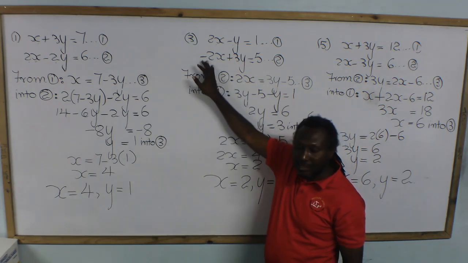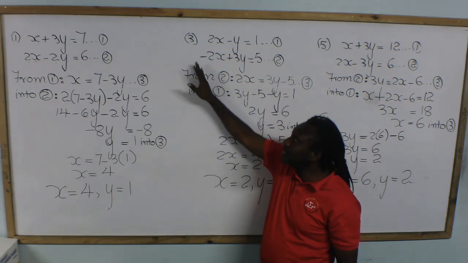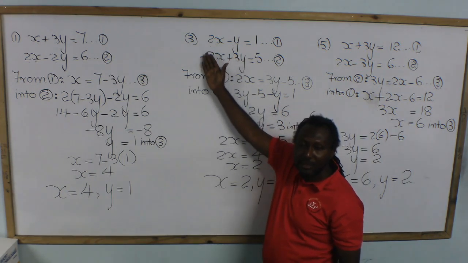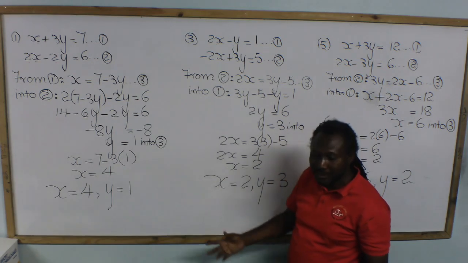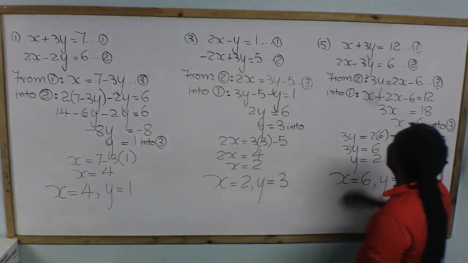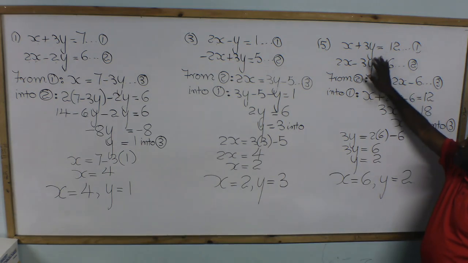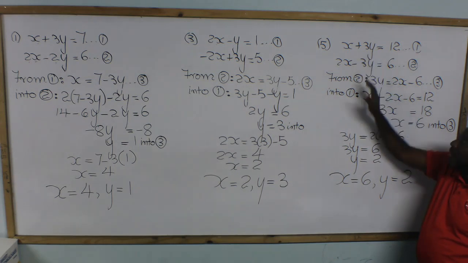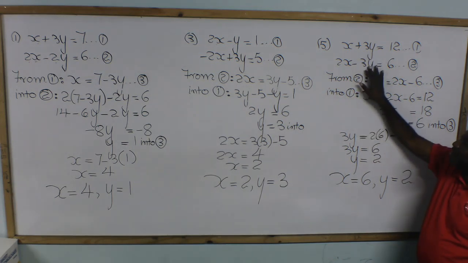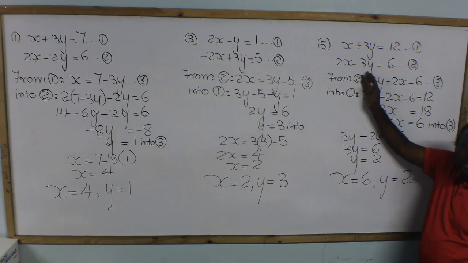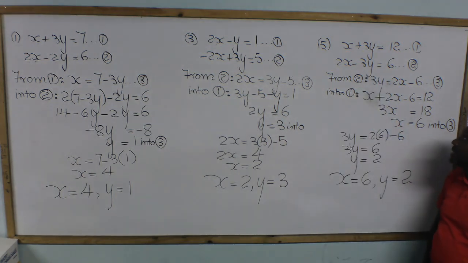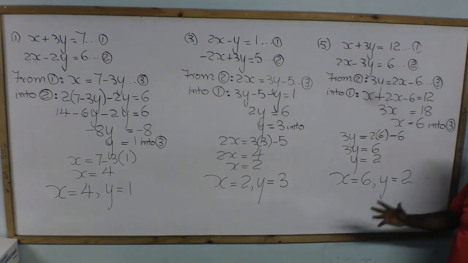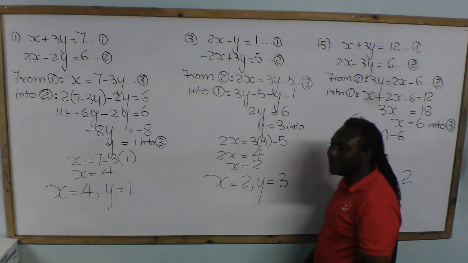We have an occurrence of 2x in this equation, although it is negative, and we have another occurrence of 2x in this equation. Therefore, we can substitute 2x for 2x. And what we have here is quite similar. We have an occurrence of 3y in this equation, and another occurrence of 3y in this equation. Although it is negative, we may still substitute 3y for 3y.